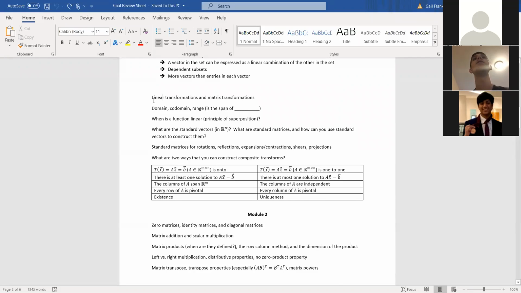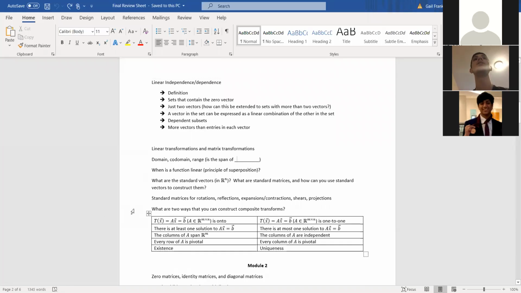So the next section is linear transformations. A linear transformation is just multiplying a vector by a matrix. For our purposes, all matrix transformations are linear transformations.